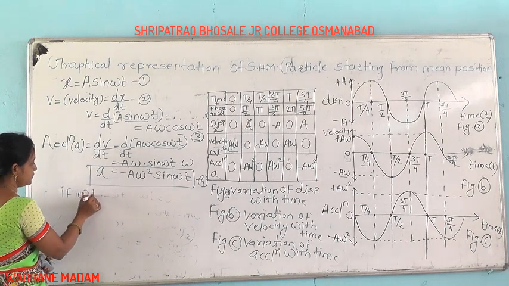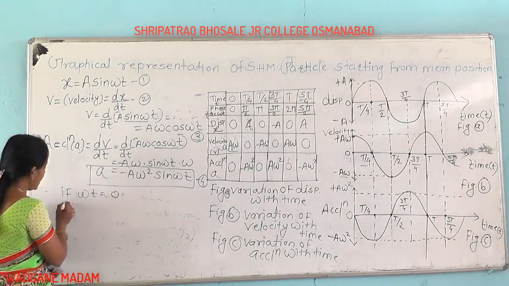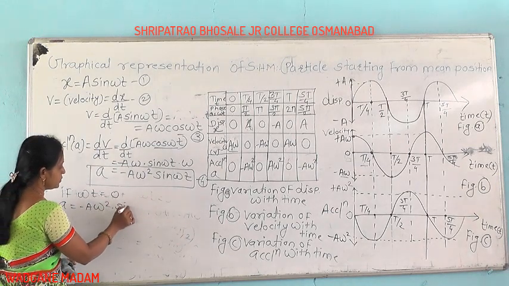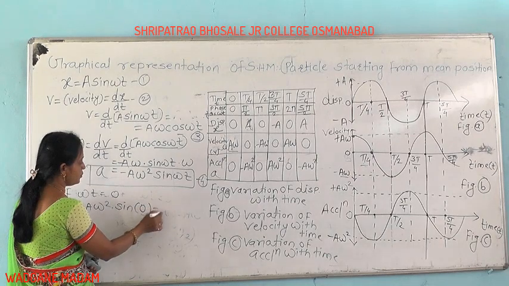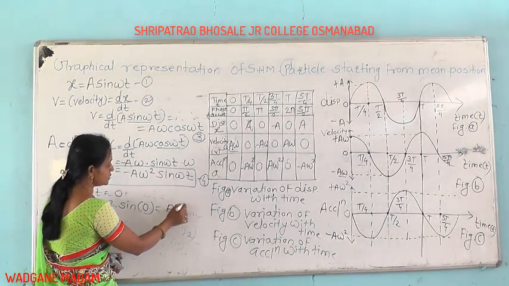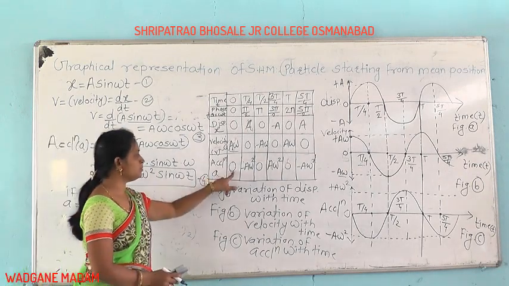If omega t is first 0, then acceleration is equal to minus a omega square sin 0, and sin 0 is 0. Therefore, at the corresponding time interval it becomes 0.